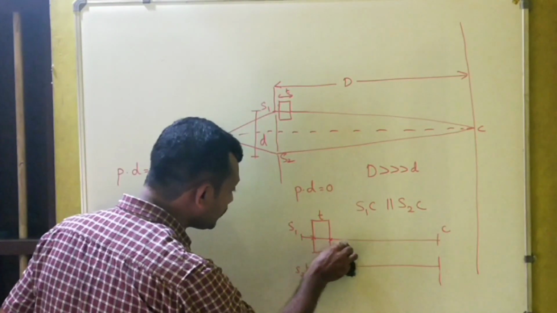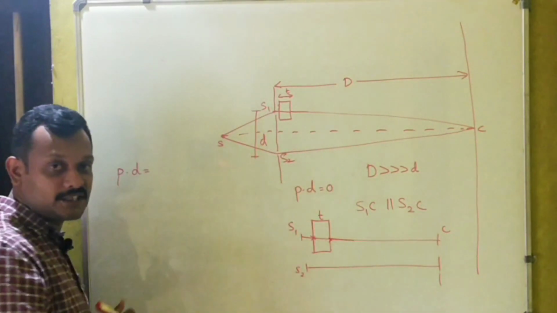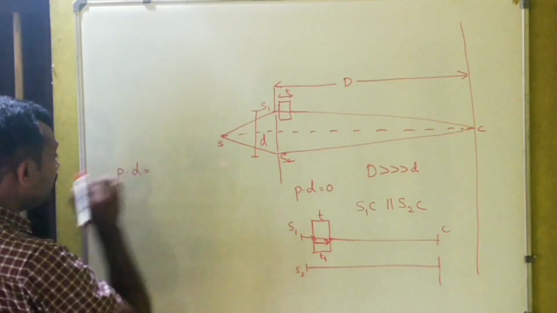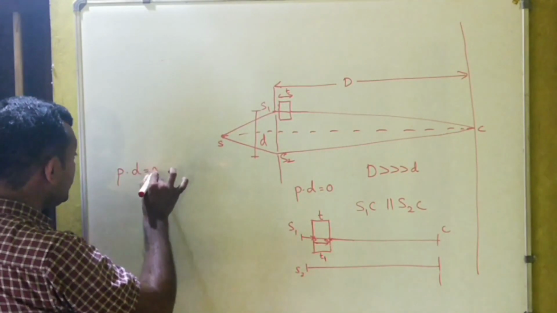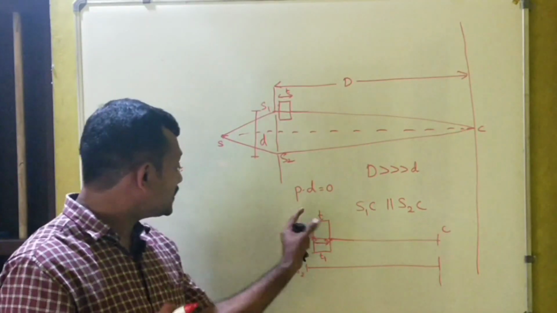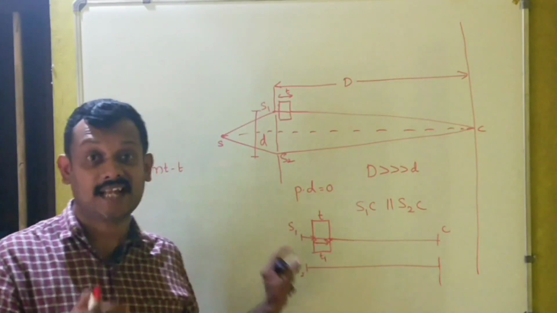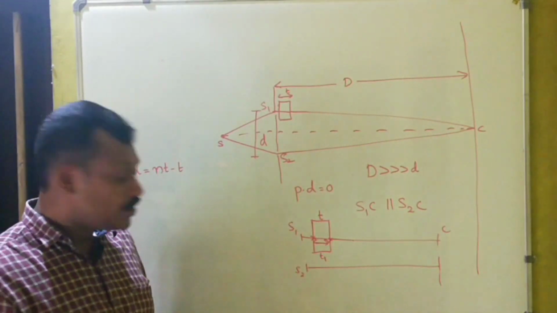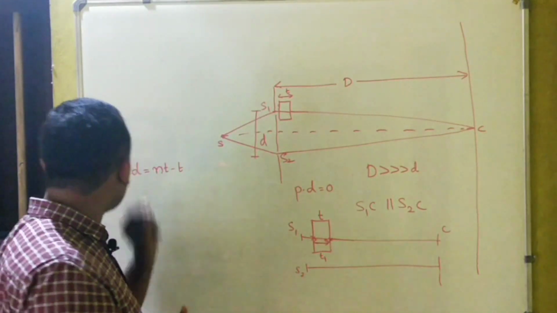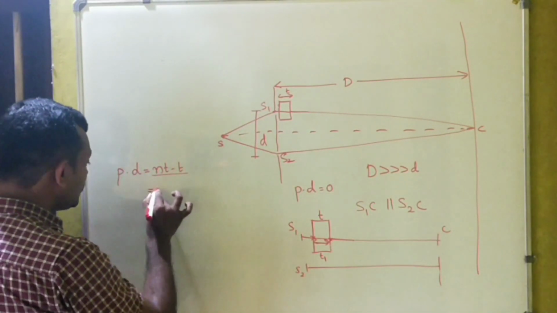Obviously, as we have learned from the previous discussion, the introduction of this slab will create a path difference. The transparent slab makes the ray reach slower than what it is reaching here, so a path difference will come into play, and that is nt minus t.